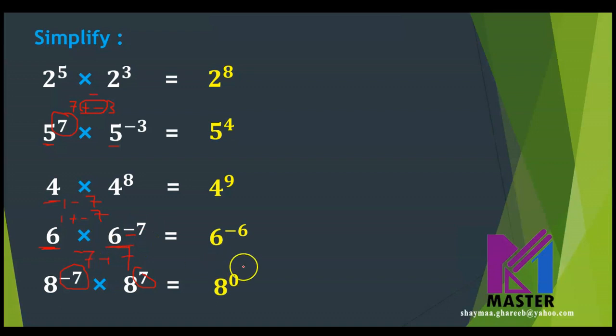What did we say about when I have a number raised to the power of 0? We said any number to the power of 0 equals 1. Don't forget this rule. It's really important. You are going to use it so many times in the indices problems.